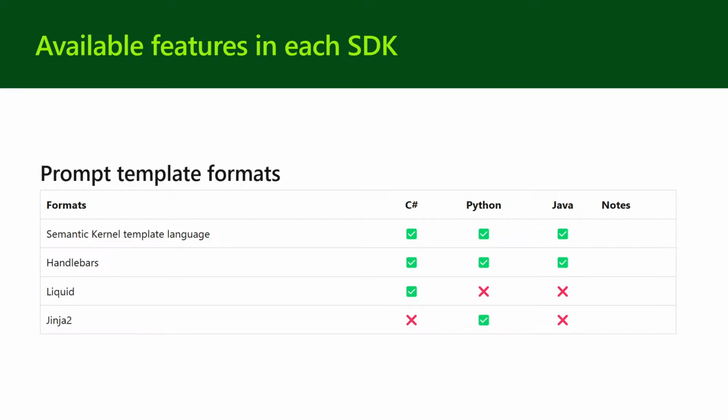These are the different languages that allow you to embed variables and invoke functions in different ways. We will have some samples about Handlebars and Liquid in future events, but you can see which language supports which prompt templates. Okay.